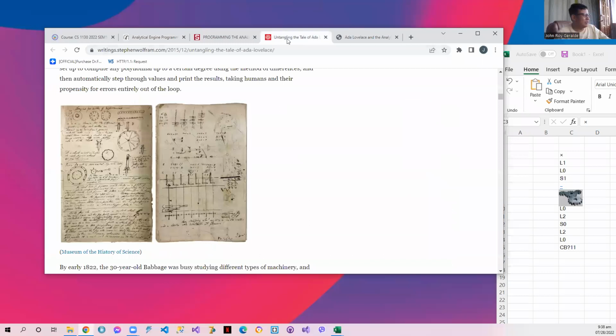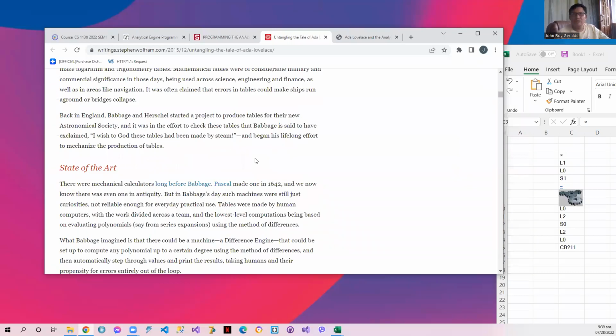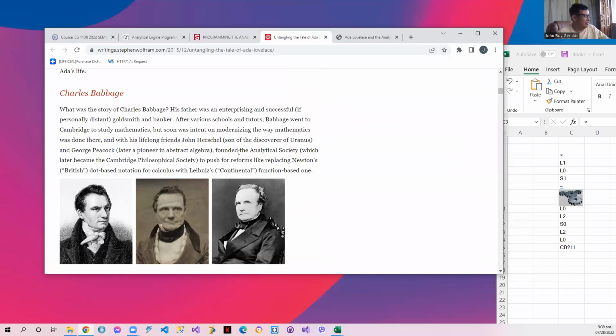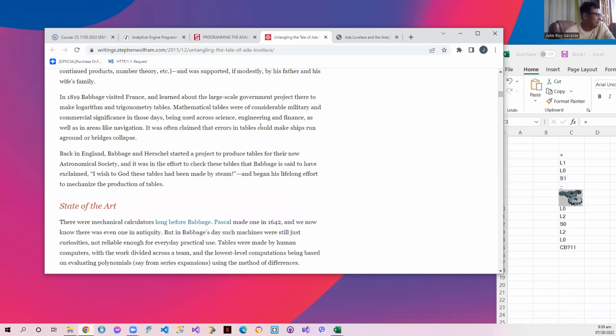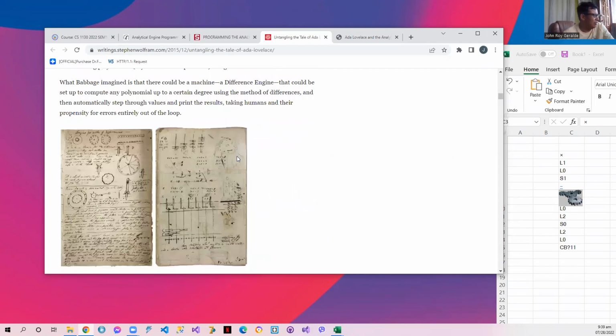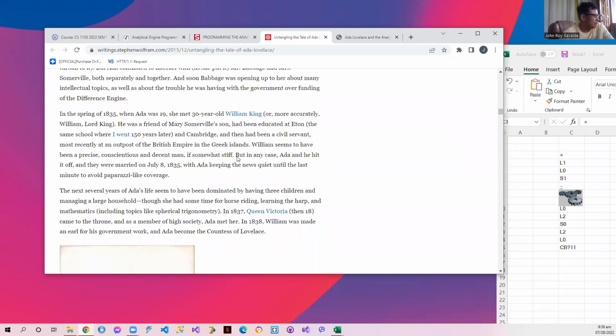She published that in, I don't think it was ACM, but one of the publications belonging to scientists. And then Charles Babbage, of course, read the publication, thanked her, and sent a letter to Ada Lovelace thanking her for recognizing the importance of his work.